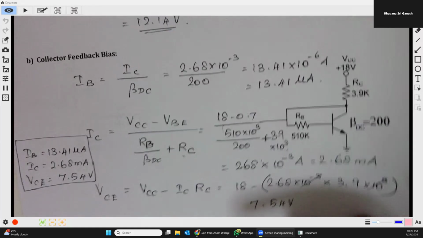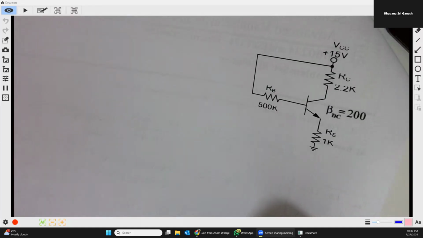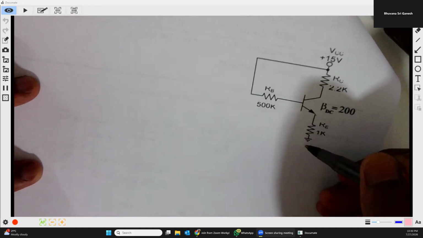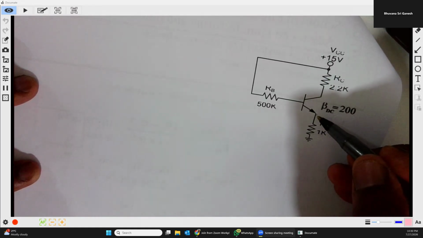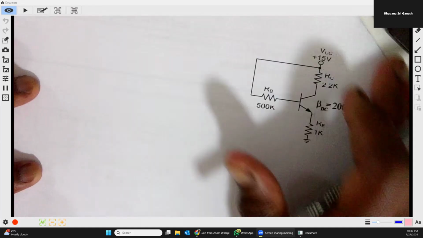The next problem is emitter feedback bias. The difference between fixed base bias and emitter feedback bias: in fixed base bias, we don't have RE, the negative feedback resistor, but here we have RE. So this is emitter feedback bias.